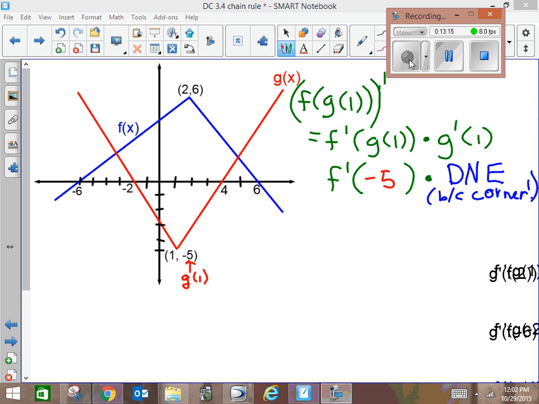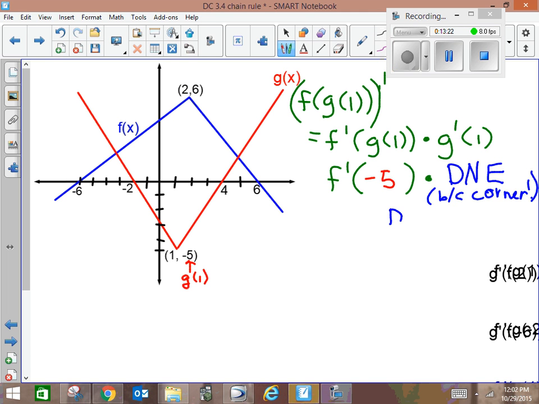So what does that mean when we take something times DNE? Right, we're not going to get it to exist. So that was a good one to start with because it was a complex one. All right, let's do a different one.